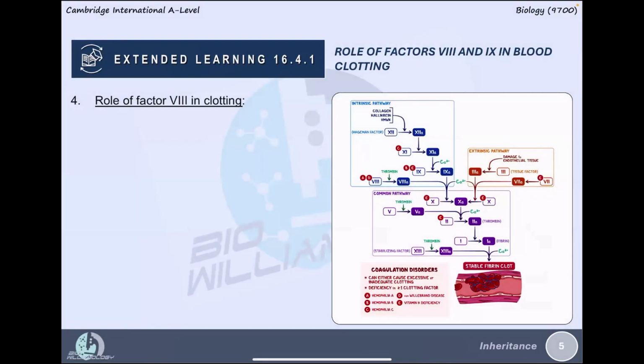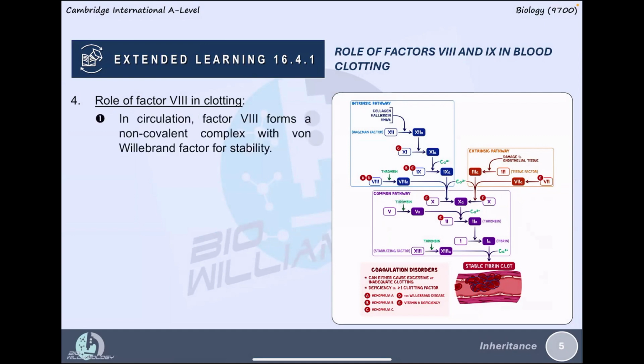So what is the role of factor VIII in clotting? During tissue injury or injury of the blood vessel, factor VIII forms a non-covalent complex with von Willebrand's factor for stability.